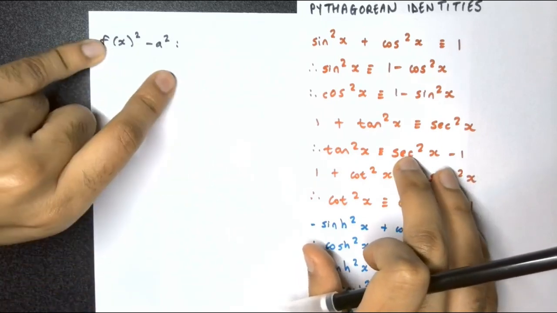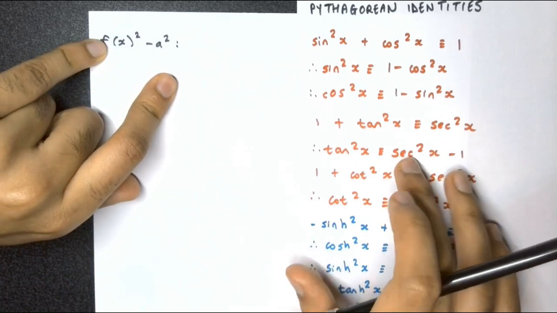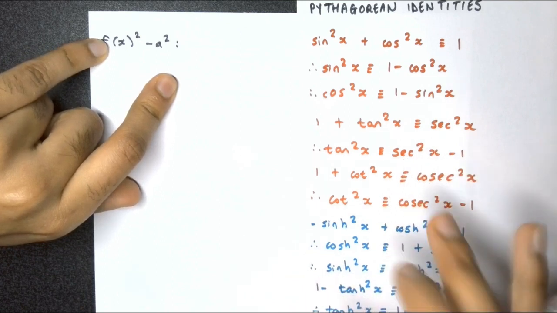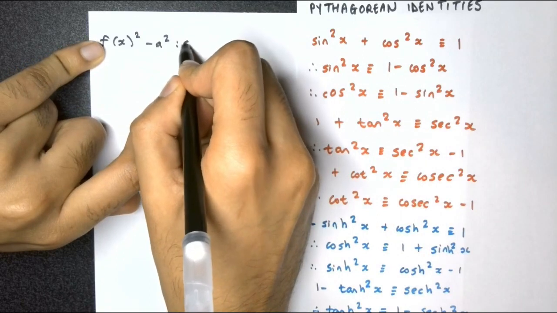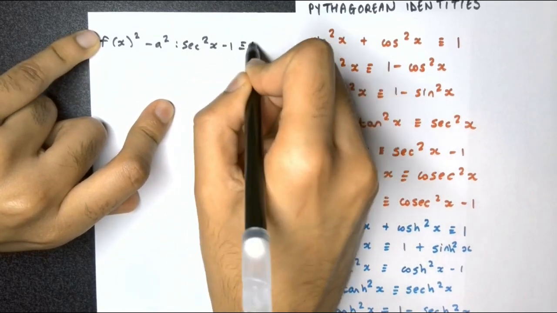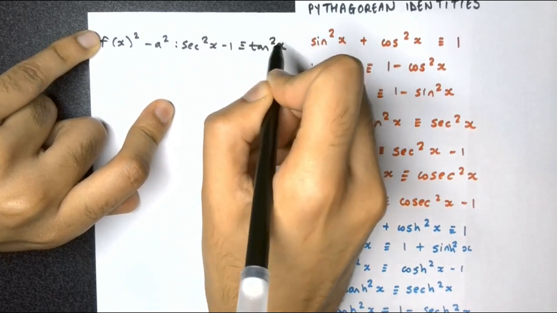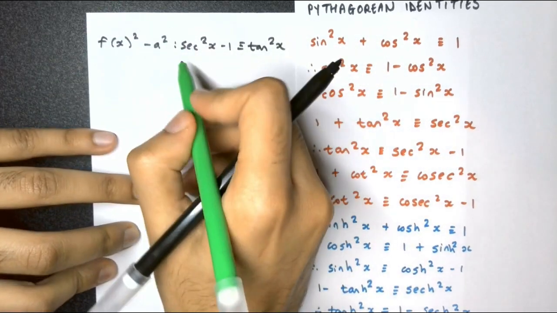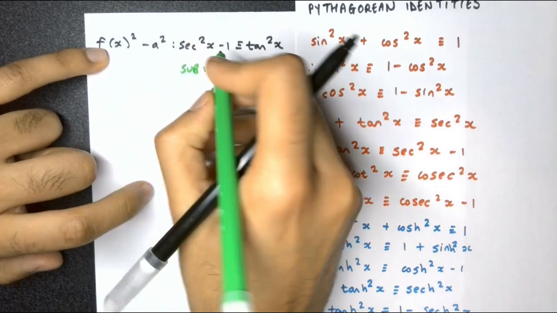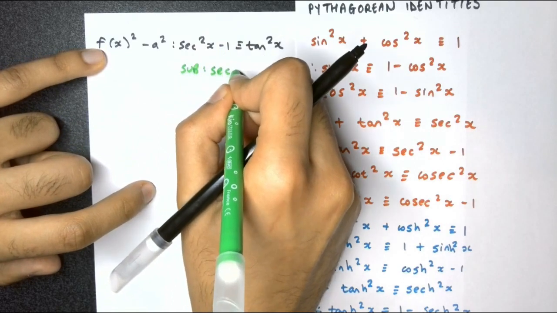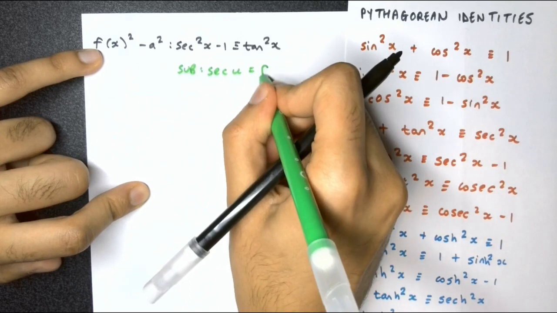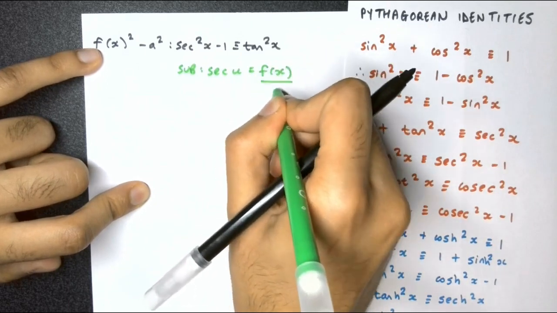You can see these match up quite nicely. And another option is this one over here. So we've got sec squared x minus 1 being equivalent to tan squared x. And in terms of the substitution we will make, here we'll have sec of u equaling f of x over a.